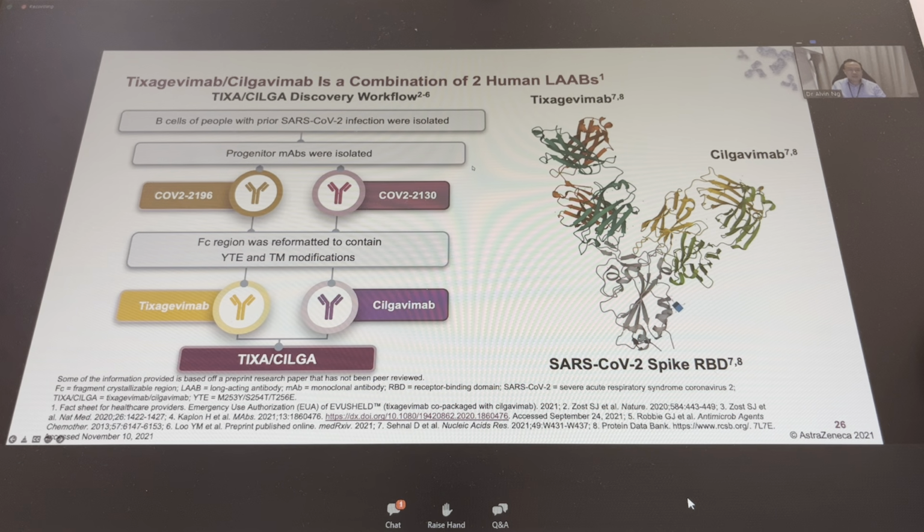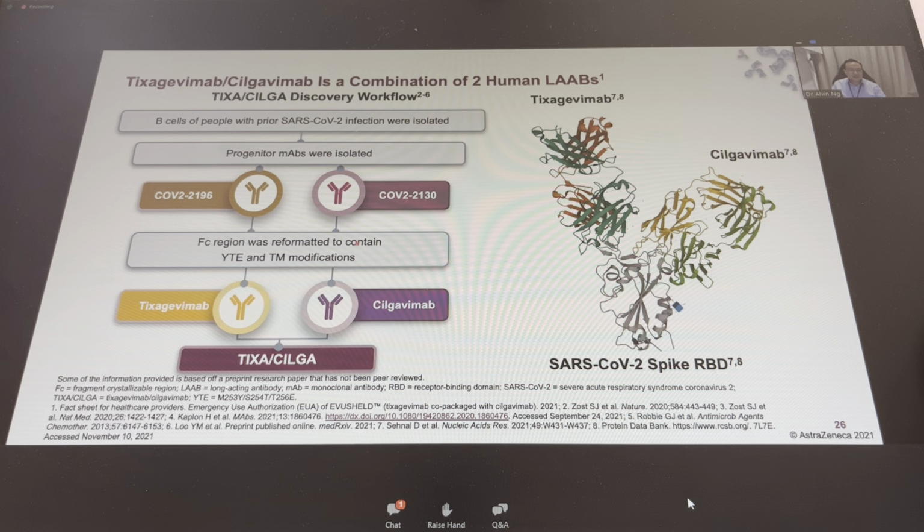So how was it actually developed? The B cells of people with prior SARS-CoV infection were isolated, and then progenitor monoclonal antibodies were isolated. Then they created the monoclonal antibodies COV2-2196 and COV2-2130, which is your Tixa, and this is your Silga.